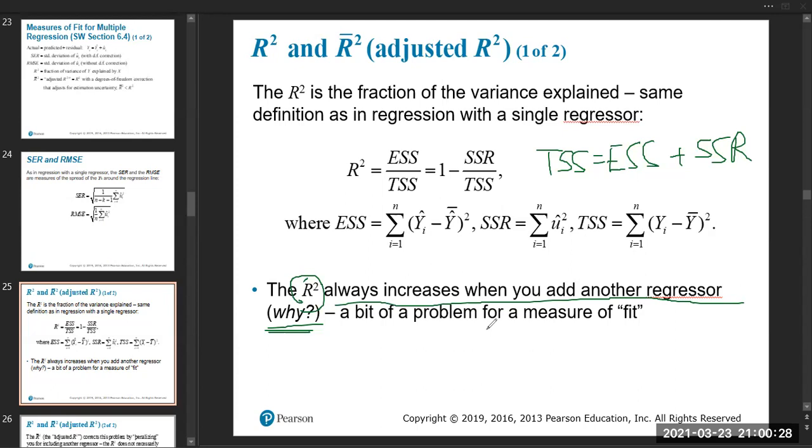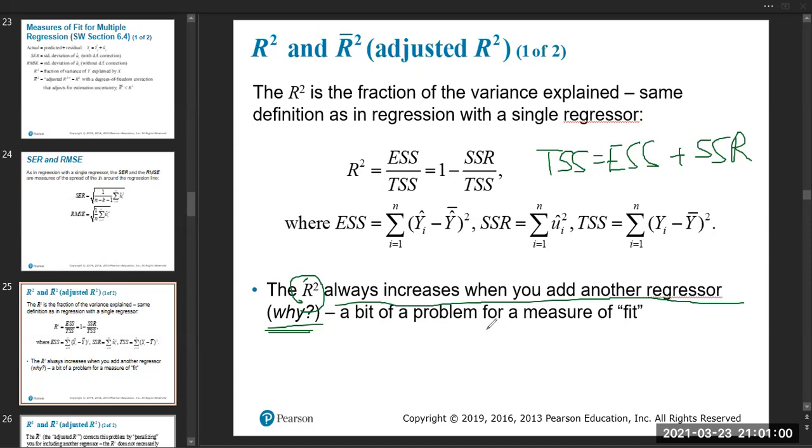As long as they make sense, as long as they somehow determine y, or as long as their effect is not exactly zero, they will always increase R squared as you add more information, because you can explain more about your dependent variable.